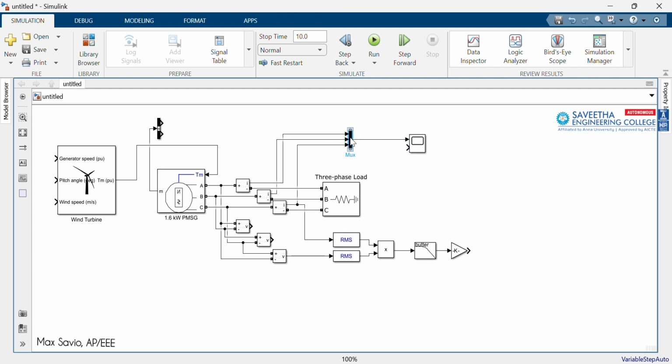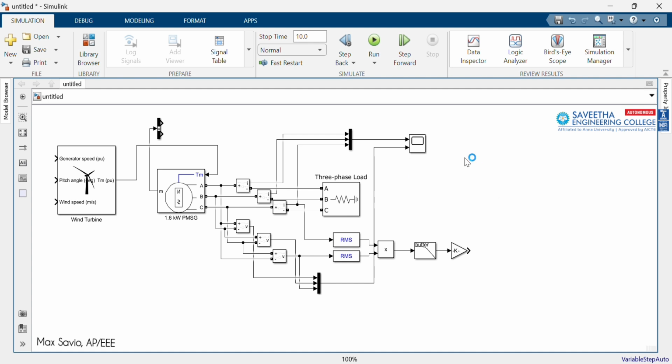So again I copy the mux for the voltage. This is phase 1, this is phase 2, and this is phase 3, and now I connect this to the second. So now in this scope we would be able to get both the current and the voltage waveforms.